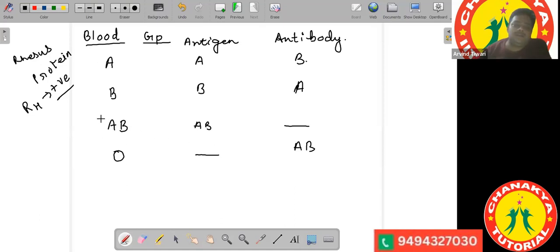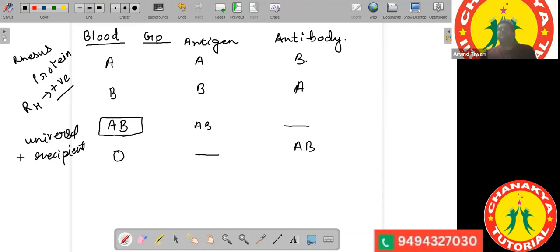But the blood group AB is the universal recipient. Universal recipient means it can receive blood from all of them. It can receive blood from A, as it has the antigen A and no antibodies.